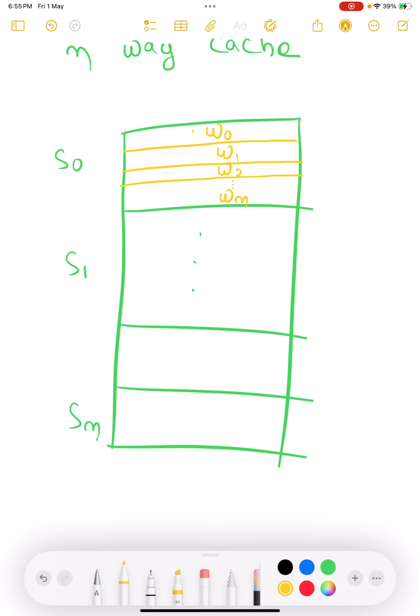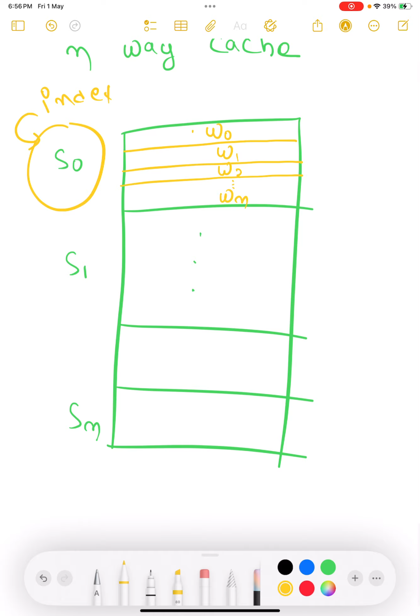This is clear. So how does this memory controller work? If we get some particular address, we break it in terms of tag, index, and offset, right? The index tells which set to go to. First of all we head towards the set, so the index points out which set to choose.